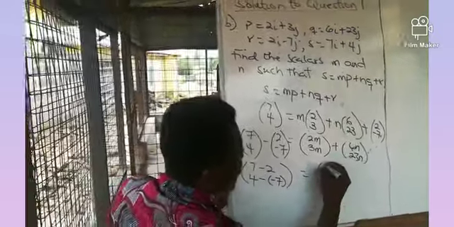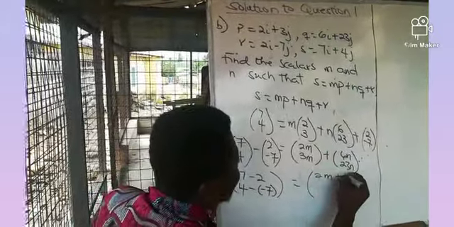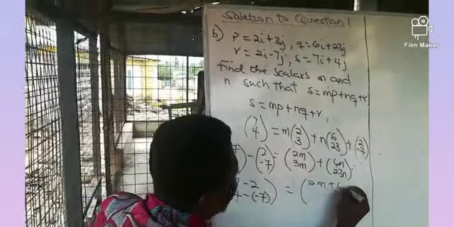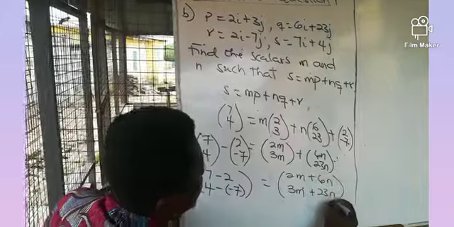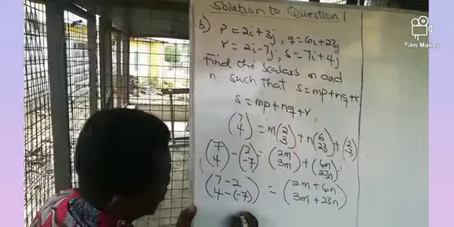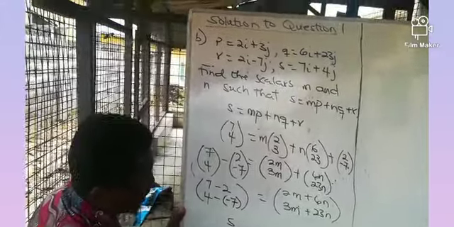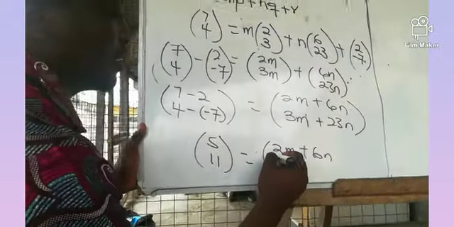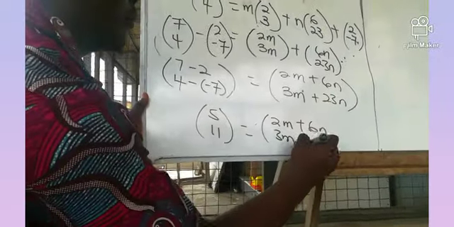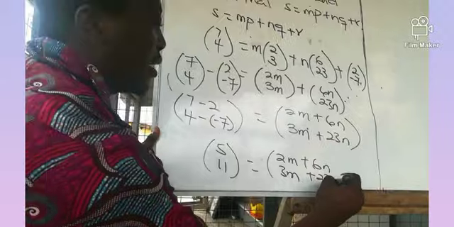This one too is going to give us 2m plus 6n, 3m plus 23n. What are you going to get? You get 5, 11 is equal to 2m plus 6n and 3m plus 23n.